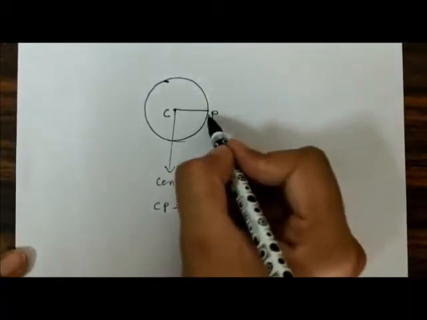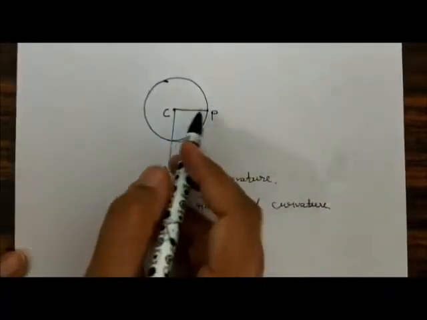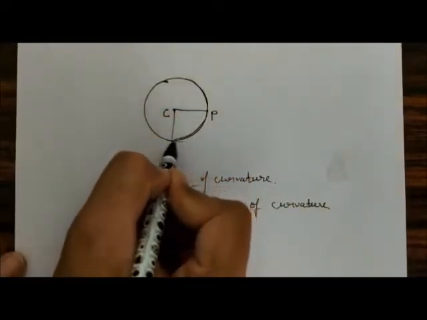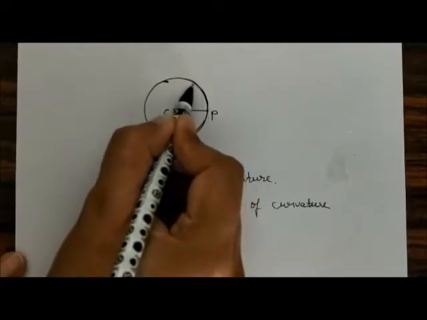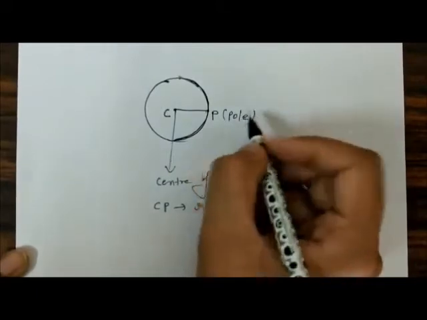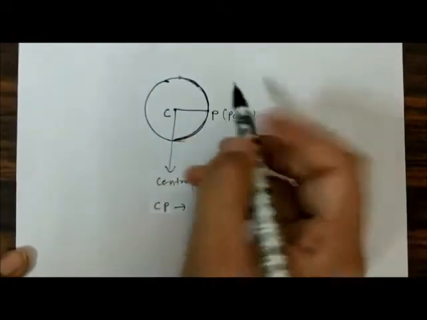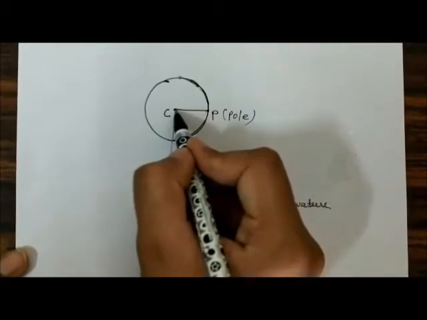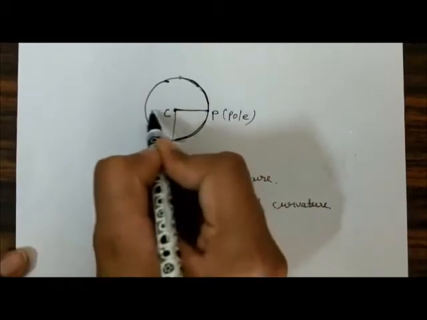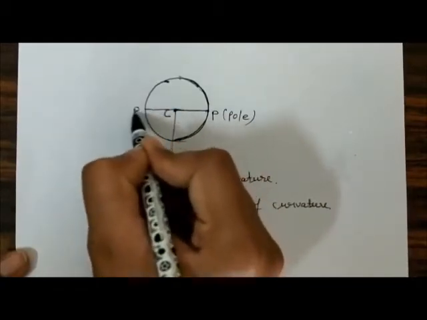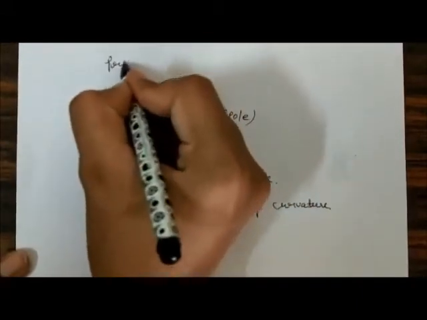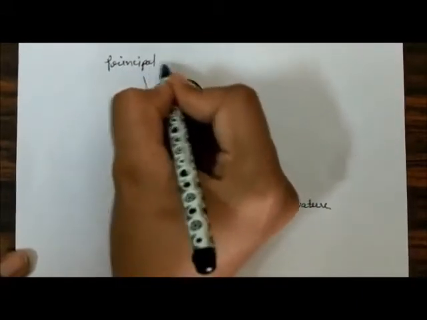This point on the reflecting portion is known as pole of the mirror. The line joining the center of curvature and the pole is known as principal axis.